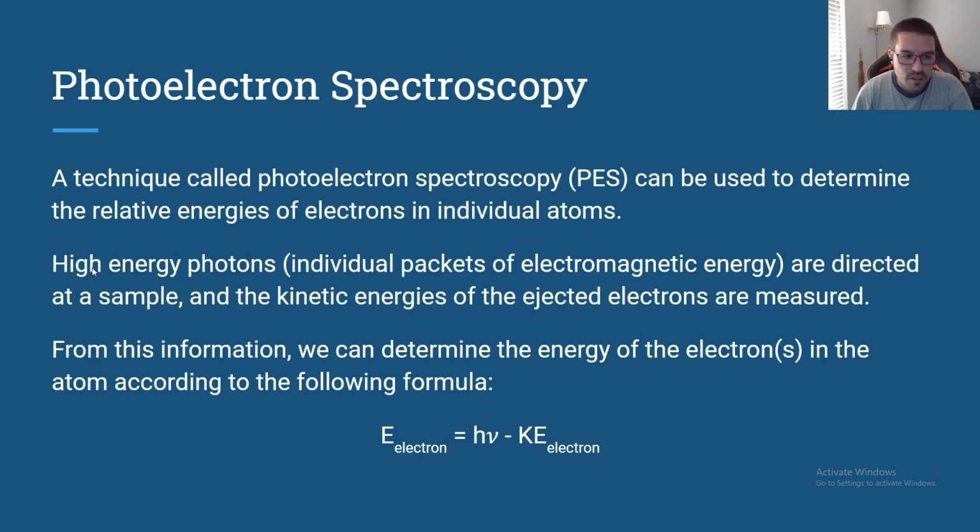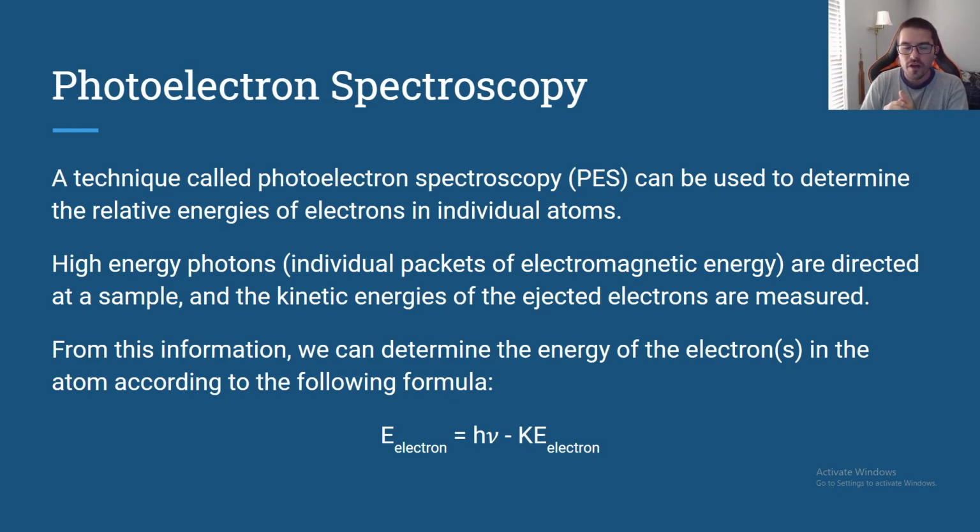But basically, what scientists do is they shoot really, really high energy photons, and photons are just packets of electromagnetic energy, at a sample, and the kinetic energies of the ejected electrons are measured. So it's not quite like what I was describing before, where they take a dial and slowly crank it up.